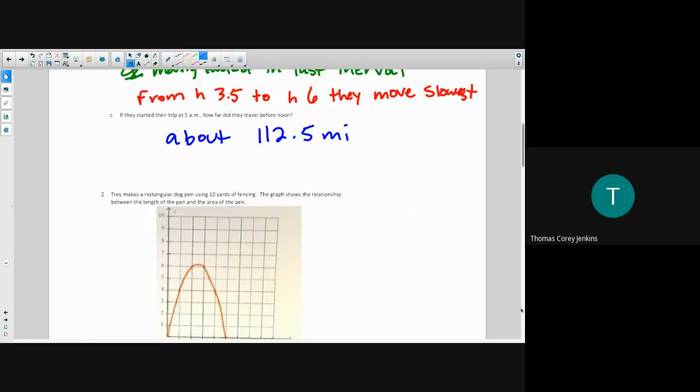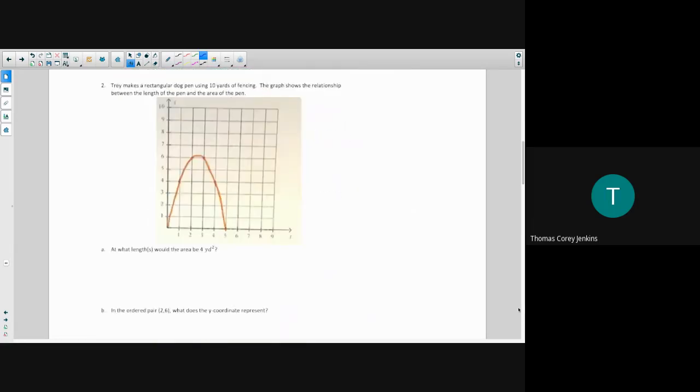This problem's really similar. It says Trey makes a rectangular dog pen using 10 yards of fencing. The graph shows the relationship between the length of the pen and the area of the pen. Part A, at what length or lengths would the area be 4 square yards?